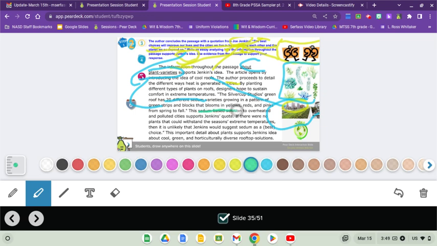This sedum-based solution to overheated and polluted cities supports this noun verb Jenkins quote. "If there were no plants that could withstand the season's extreme temperatures, then it is unlikely that Jenkins would suggest sedum as the best choice." This important detail about plants supports Jenkins' idea about cool, green, and horticulturally diverse rooftop solutions.